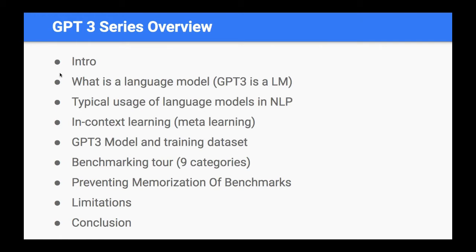It basically learned the text from the whole internet, and definitely those corpora may contain certain test data sets that we use to benchmark GPT-3. We will discuss this issue, and we also talk about the limitations of GPT-3, and lastly we'll draw the conclusion. It will probably be just one video to conclude the whole series.